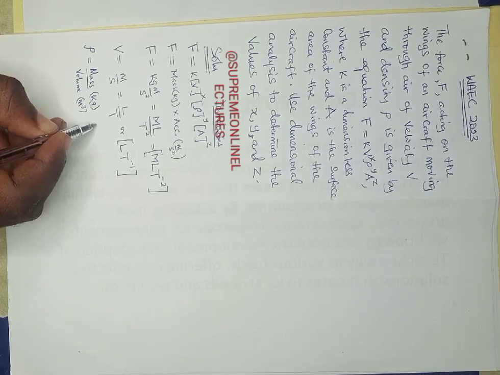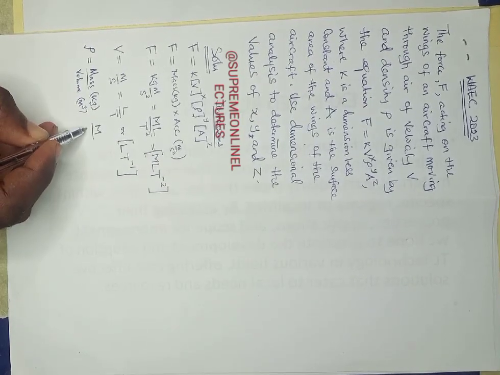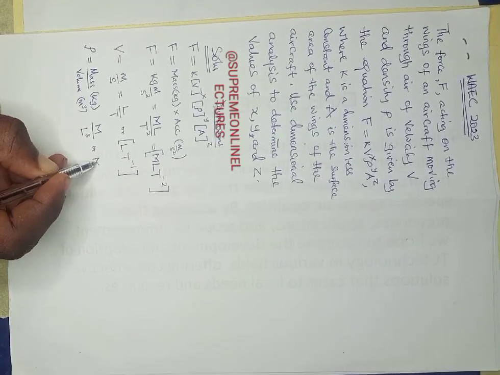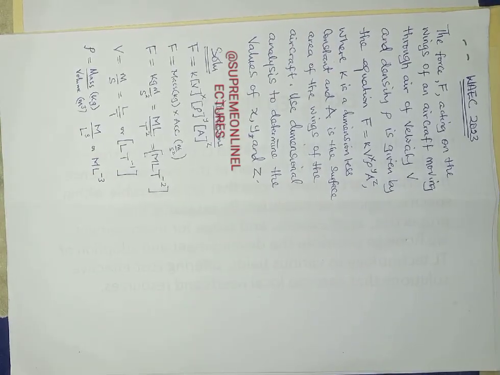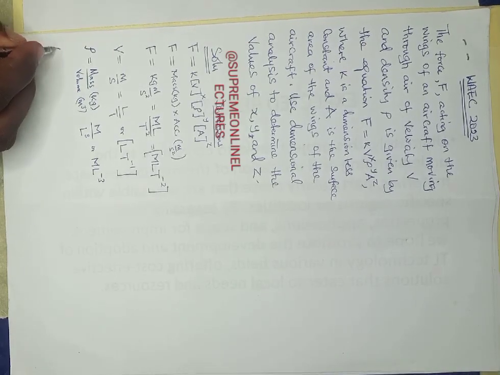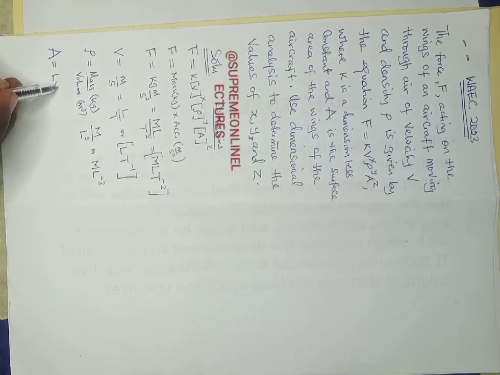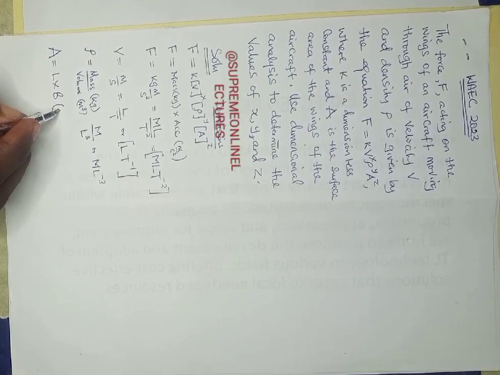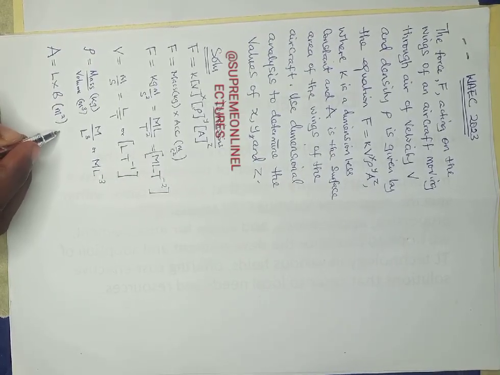So in dimensions, this would be M over L cubed, which is the same thing as M L to the power minus 3. The area is defined as length times breadth. Both have the unit meters, so area has the unit meters squared.